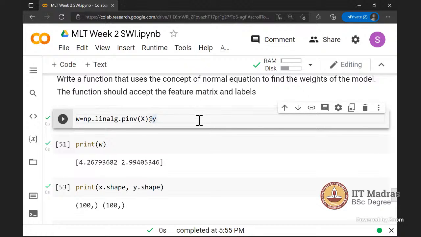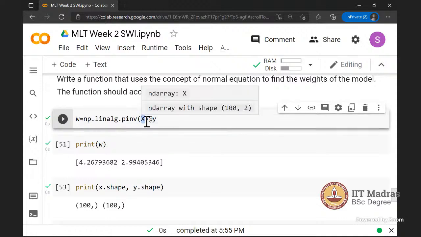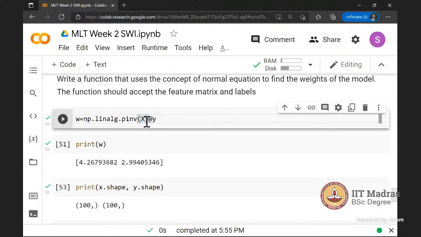All right. So think about this. When we are computing the pseudo inverse of the feature matrix X, the entire matrix is copied into the main memory, which is the RAM, and then the pseudo inverse is computed. But if the data set is very, very large, for example 100 gigabytes or even larger, computing the pseudo inverse of the feature matrix is not going to be possible because of memory constraints.